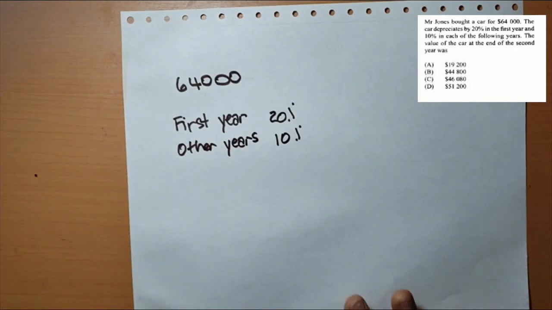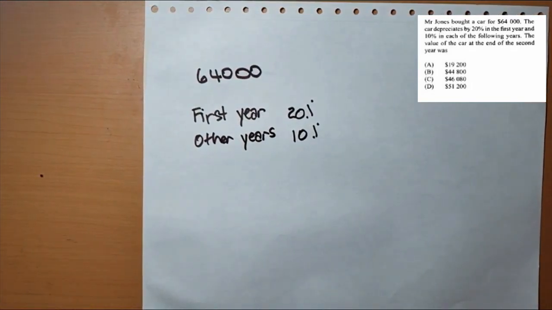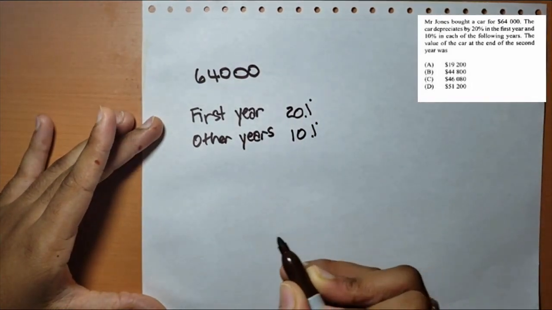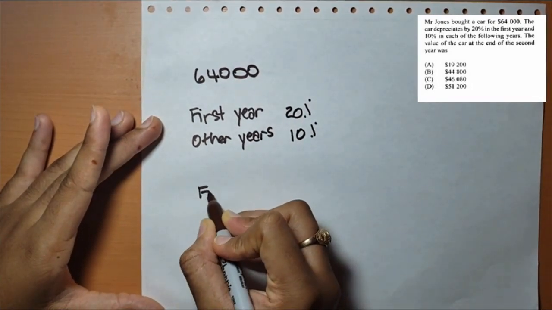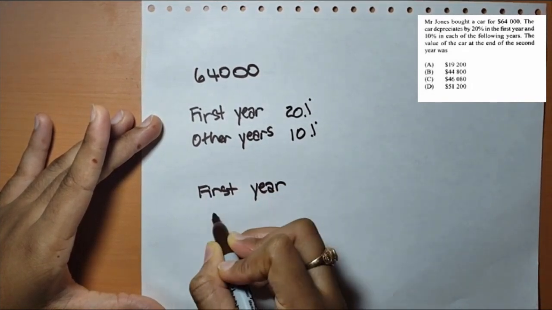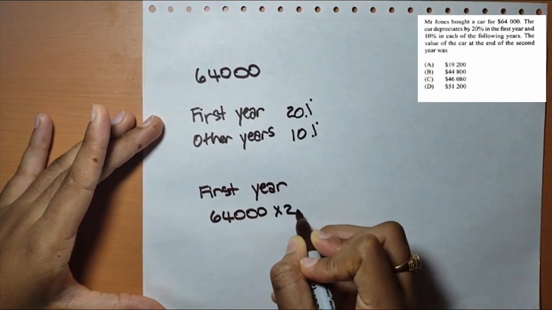So they're asking for the value of the car at the end of the second year. So at the end of the second year, it would have depreciated in the first year, then depreciated in the second year. So it would have depreciated for 2 years. So at the end of the first year now, you would have 64,000 times 20%.